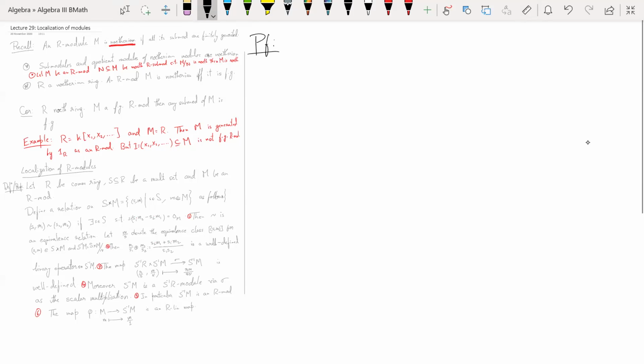So, yeah, I don't know what all I should check. So maybe this is an equivalence, reflexive and symmetric is immediate.